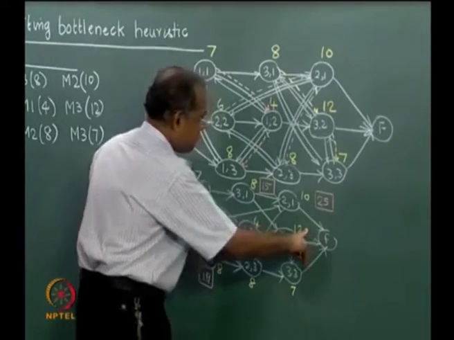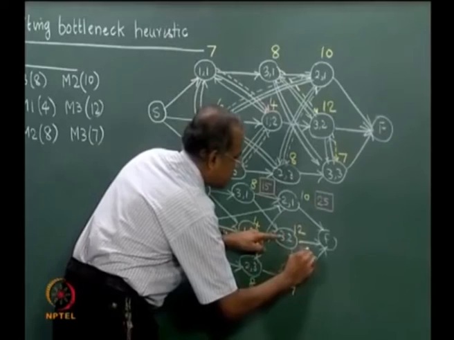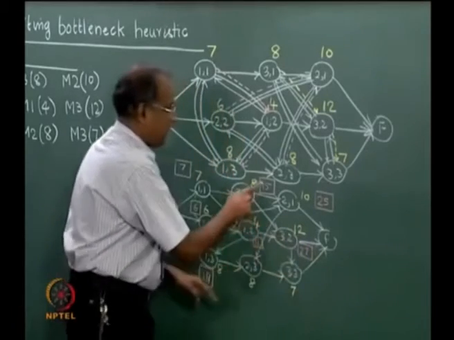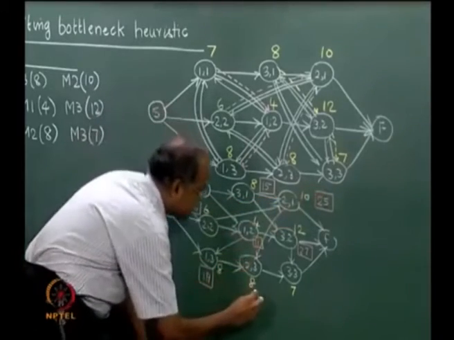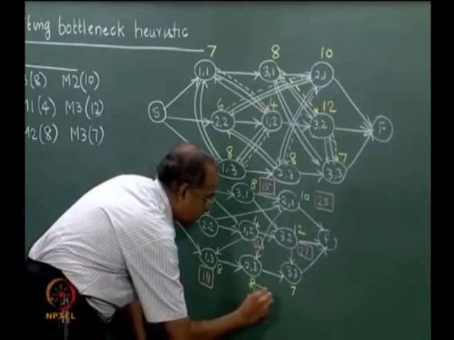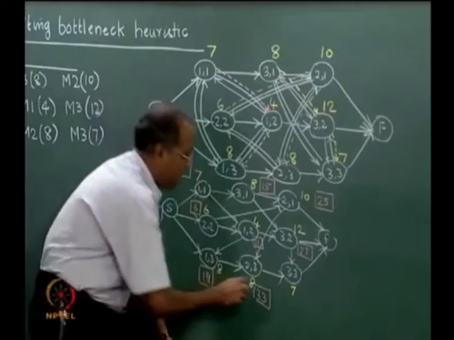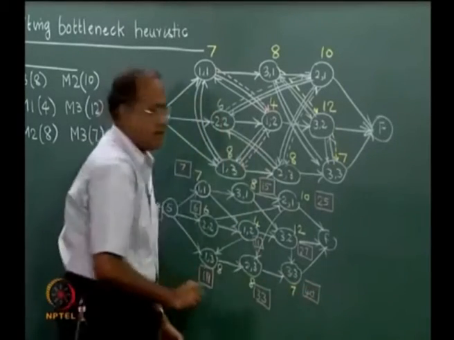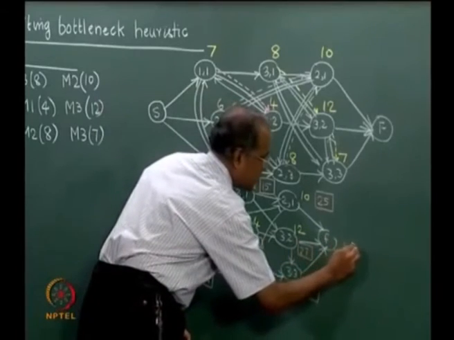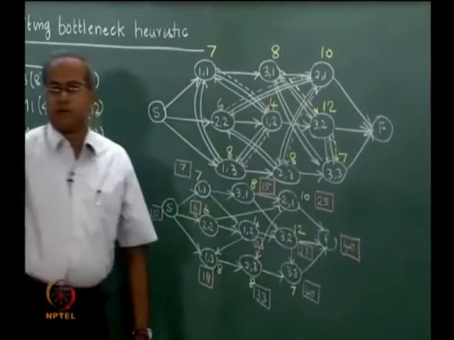Now this will be 25 plus 8, 33, and this will become 33 plus 7, 40, and this is 0, so this will become 40.